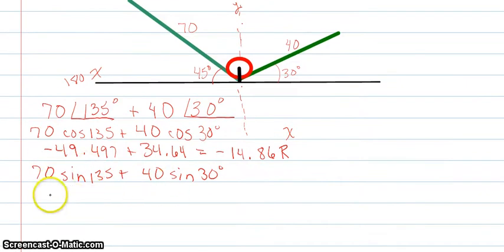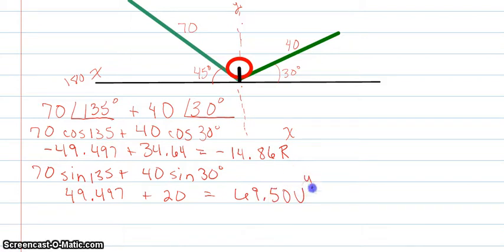And then for the next one, we get 49.497, and that would be added to 20 for 69.50 for rounding, and this is related to the Y. Then we would write this out in standard form as negative 14.86r plus 69.50u.